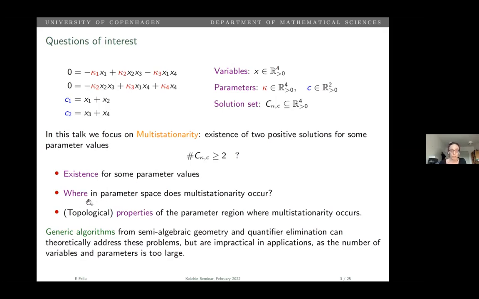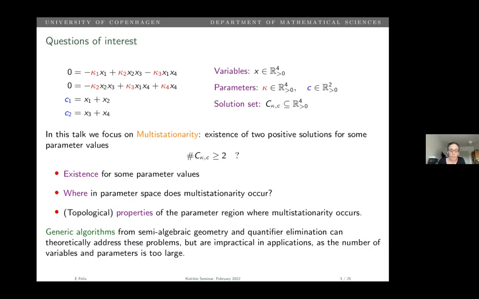If that's true, then we want to go a bit deeper and understand where that happens. And another property I want to talk about today is whether the parameter region where multistationarity happens is connected. And of course, for all these questions, in principle there are algorithms you can apply from semi-algebraic geometry, quantifier elimination, where you put the problem into the system and you might get an answer.